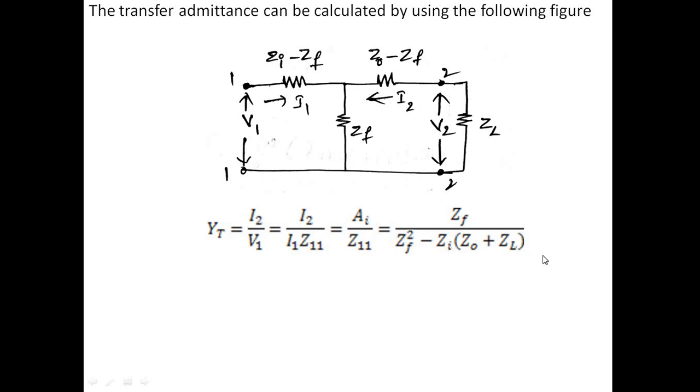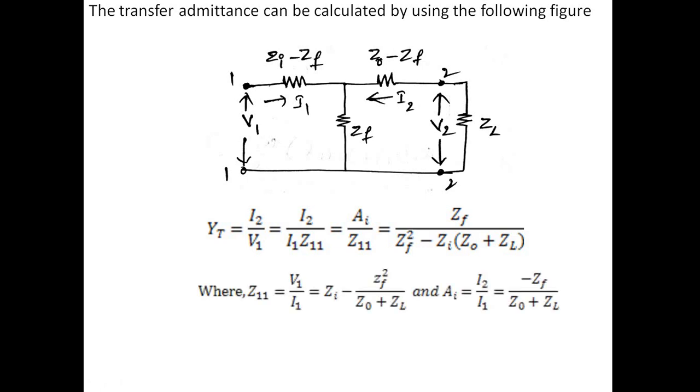Here Z11 is equal to V1 by I1, which you can calculate from this circuit by applying the loop equations. You derive Zi minus Zf squared by Z0 plus ZL. Similarly, you calculate the current gain, which is I2 divided by I1, by applying the loop equations in the circuit, and you will get it as minus Zf divided by Z0 plus ZL.